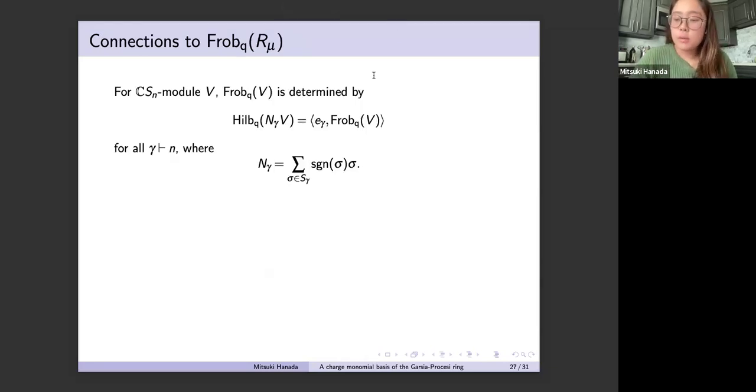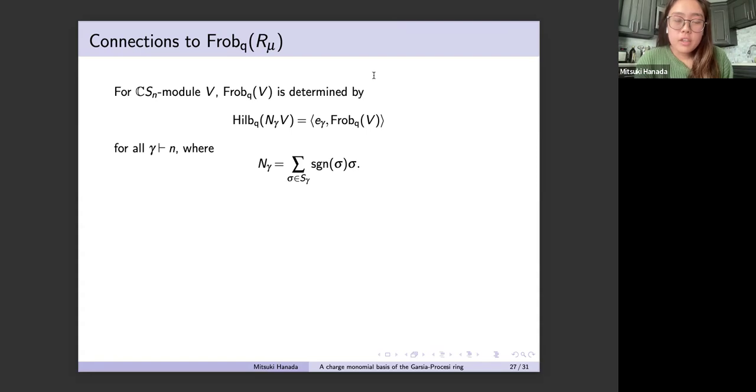So we can also use this monomial basis to think about things related to the Frobenius character. As I've been saying, this basis is super nice. It's super compatible with the Hilbert series. But not only that, it's also compatible with the Frobenius character, i.e. we can use it to figure out that the Frobenius character is given by our modified Hall-Littlewood polynomials.